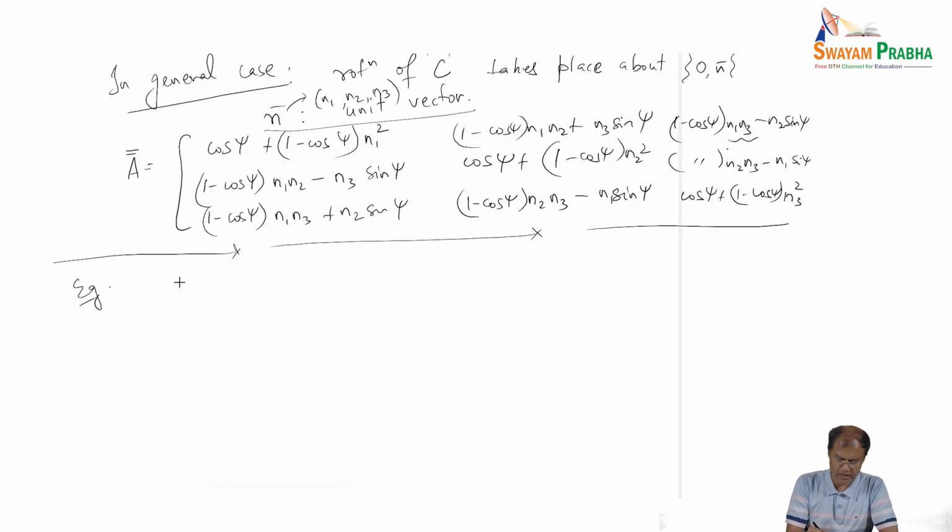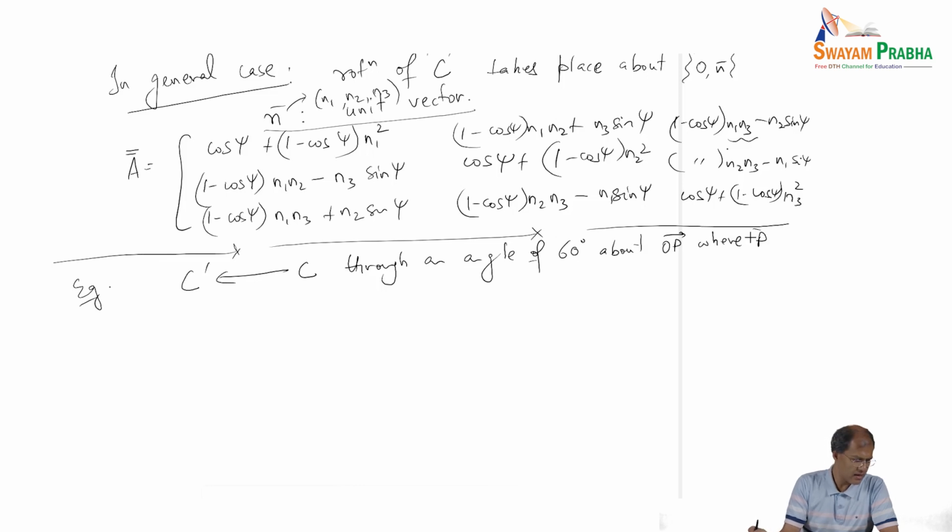So the problem says that the coordinate transformation from C to C' through an angle of 60 degrees about the axis OP, where P is the point with coordinates 1, 1, minus 1 in C.